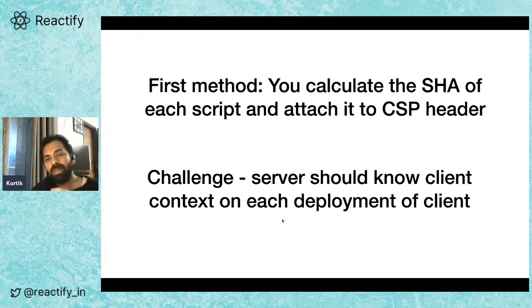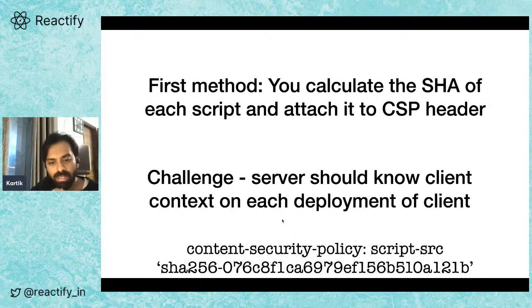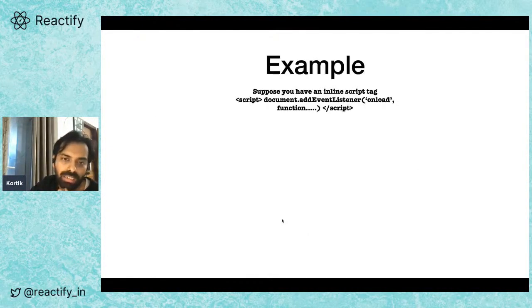In the CSP header, you are going to get this SHA along with the inline script tags. When it comes back to the browser, it sees that this is the SHA which I am supposed to trust for the inline script tags, and if it sees any script tags, it's going to calculate the SHA, and if it matches, it is going to run that inline script.